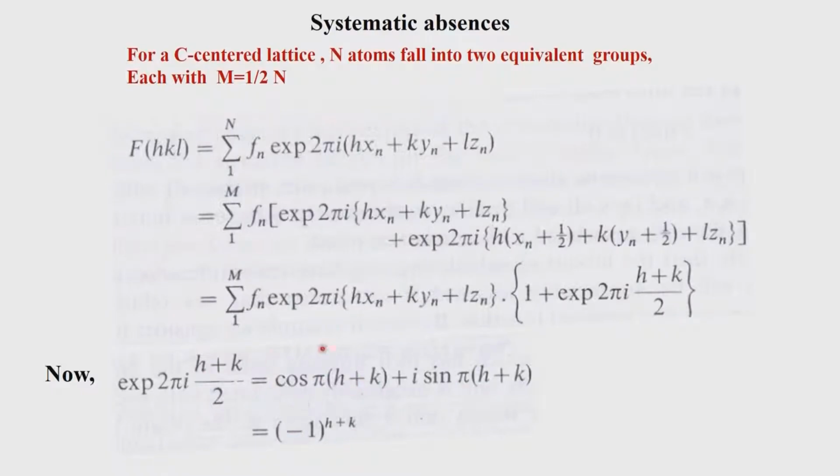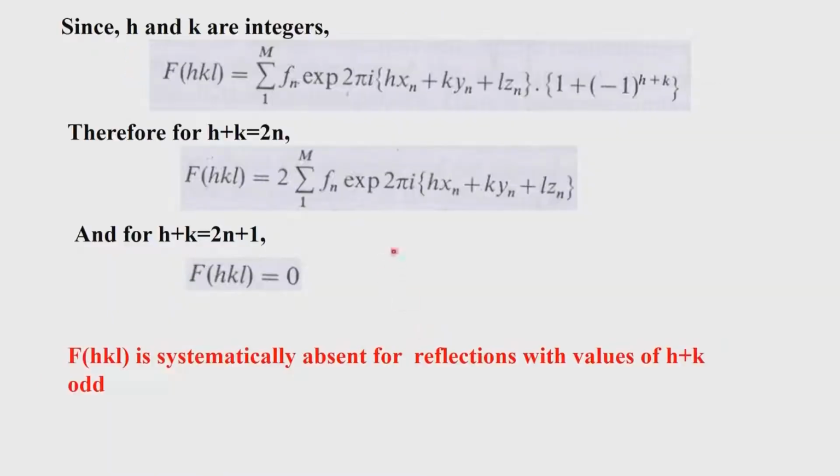So minus 1 to the power of h plus k can now replace this quantity, and we will have this as 1 plus minus 1 to the power of h plus k. So the values of h and k will get restricted by this condition.